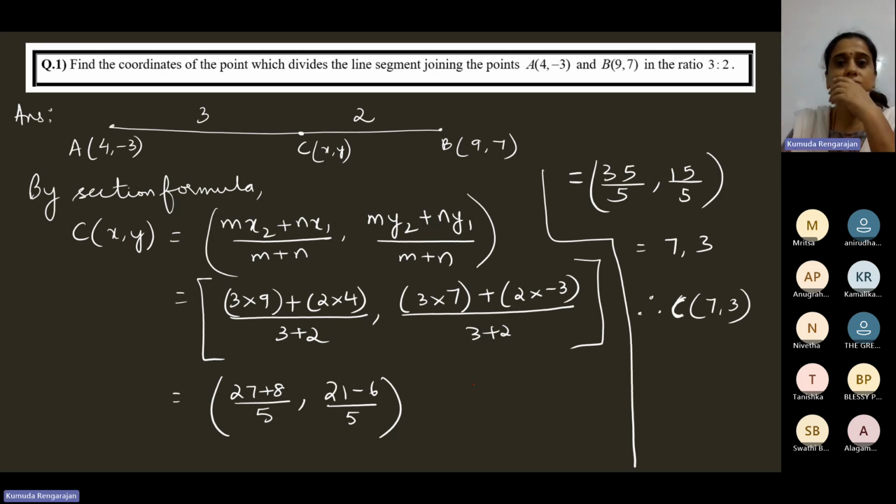You can find the x coordinate and y coordinate separately also. You can also work it like this. You can find them together like this, or you can find them separately. You can find the x coordinate of C, y coordinate of C separately, and then write the coordinate 7, 3.